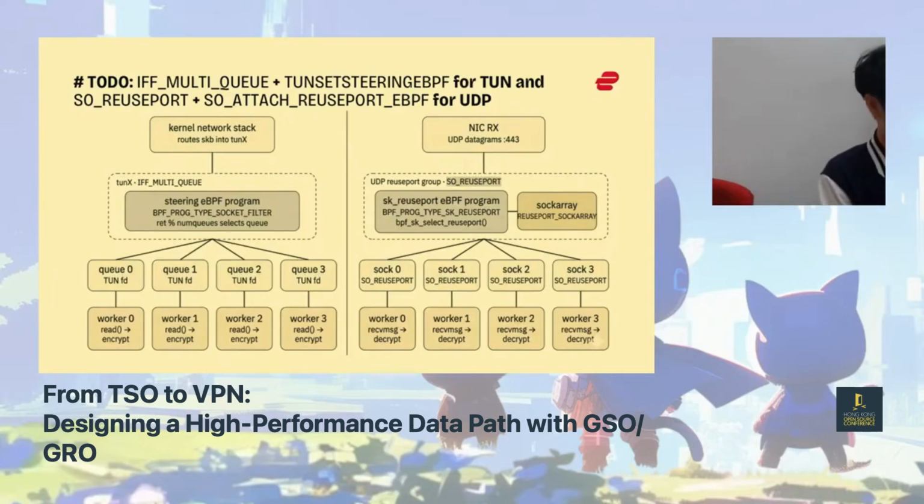On the TUN device, you can enable this ability called multi-queue, and then instead of just one queue, you get multiple that you can delegate to different threads of your library. So the kernel essentially does load balancing for free.